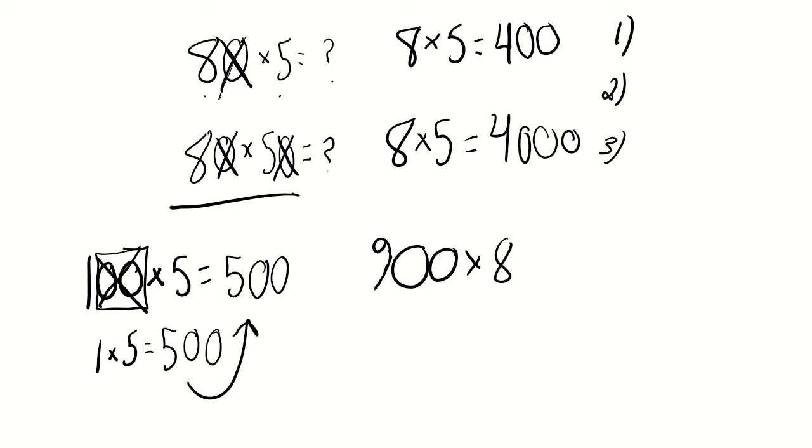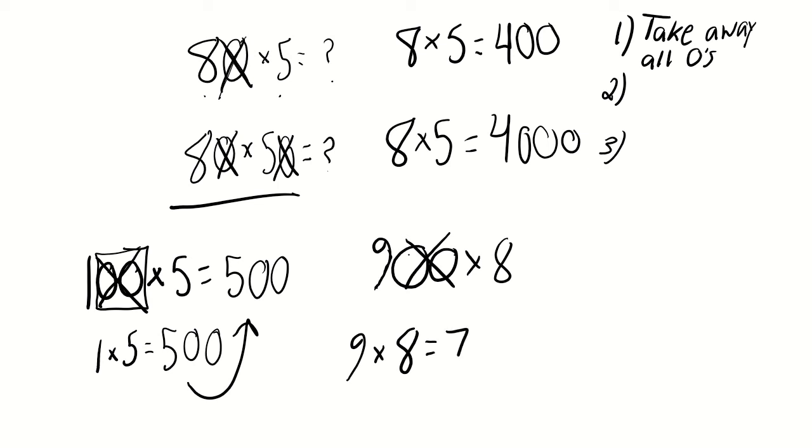Alright, so step number 1, take away all zeros, and we are just left with 9 times 8. What do we get? 72. That's step number 2, find the product.